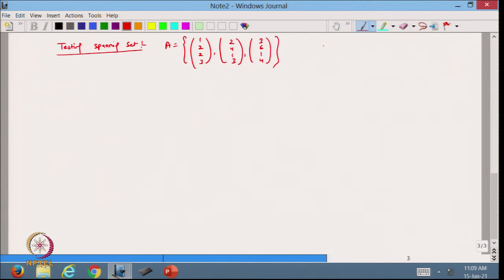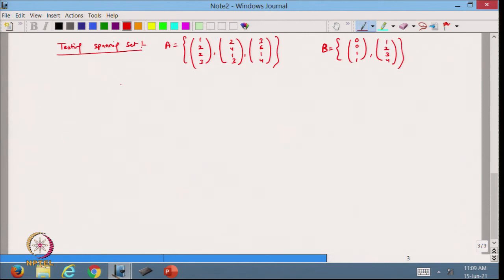And another set B I am taking is (0, 0, 1, 1) and (1, 2, 3, 4). I am taking these two sets and let us check whether they are spanning the same subspaces.